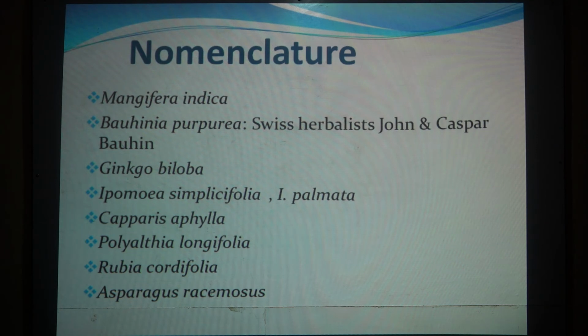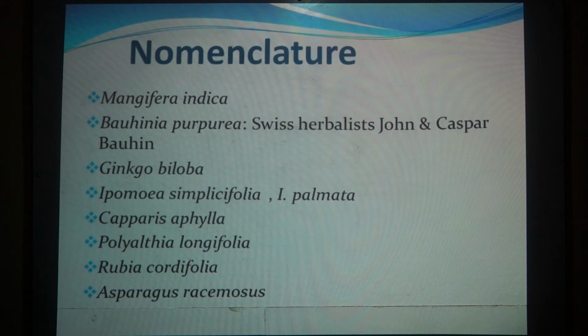This is the racemose type of inflorescence. On the basis of the inflorescence, the species name has been given, that is Asparagus racemosus. All these specific epithets are coined as per Article 23 of the International Code of Botanical Nomenclature. In these, mostly special morphological characters are considered.